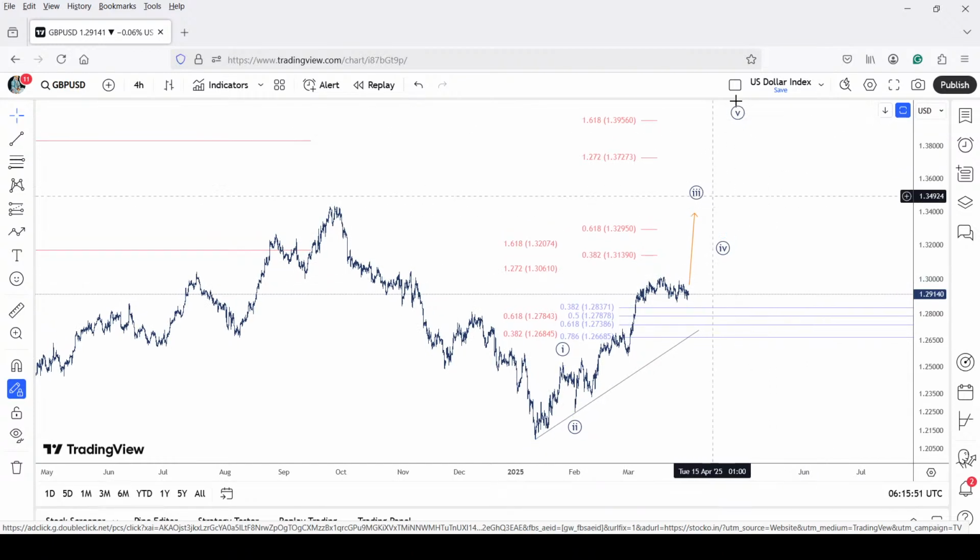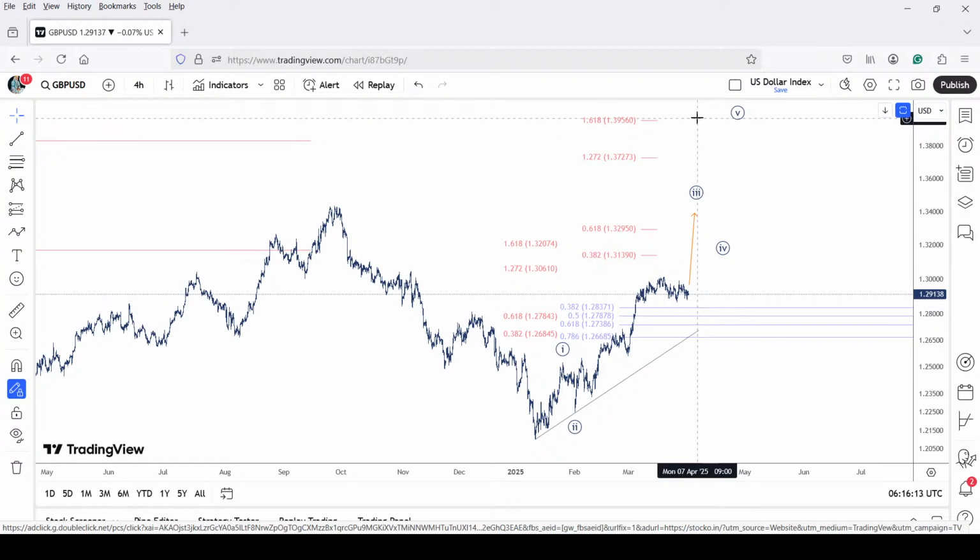And by the time wave 5 completes, pound could be trading close to 1.41 as well. At this point in time, as we speak, prices are at 1.29. They are poised to rally towards the 1.39 mark.